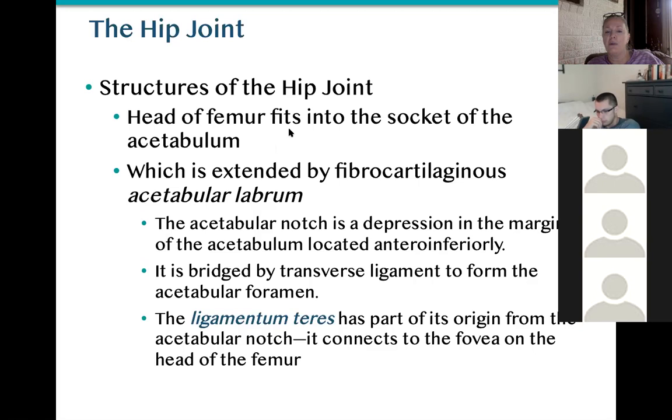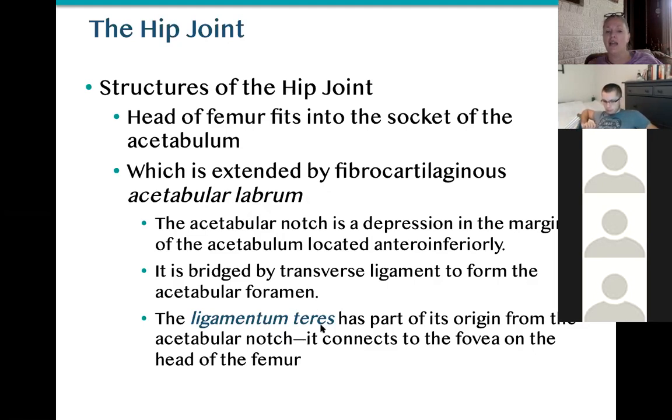All right, so your femur fits into the acetabulum, and just like with the glenoid cavity, your acetabular labrum completes the socket. So you have another gasket winding around and covering over to complete the shallowness of that socket, making it less shallow.